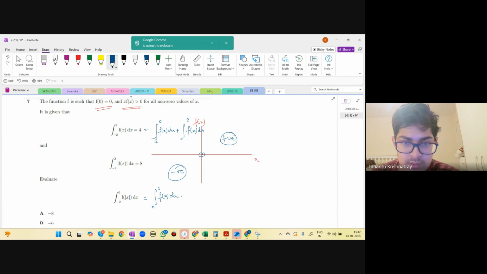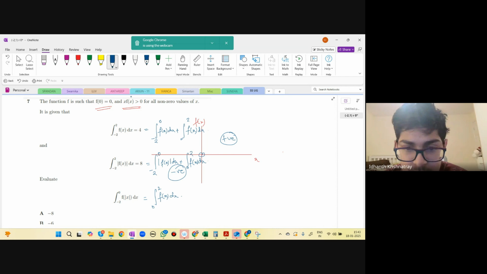From minus 2 to 0, this would be modulus of fx. So this would be modulus fx dx plus 0 to 2. Here fx is positive, so it will be simply fx dx. Okay. So this is 8, this is 4.